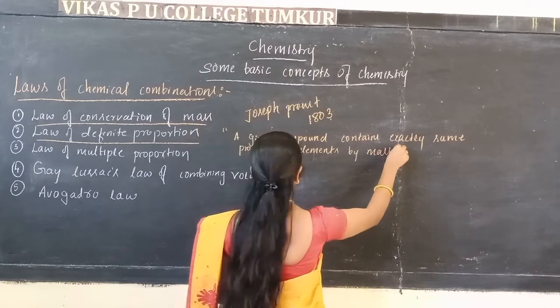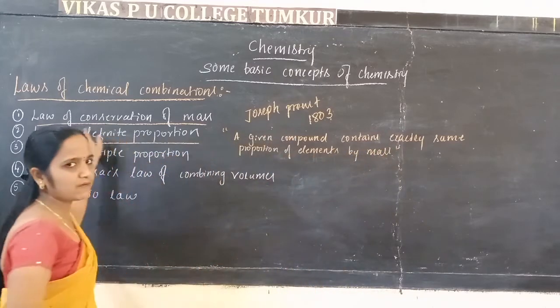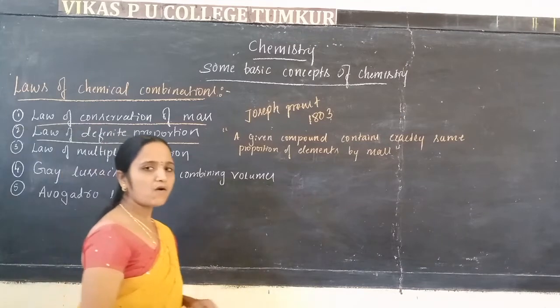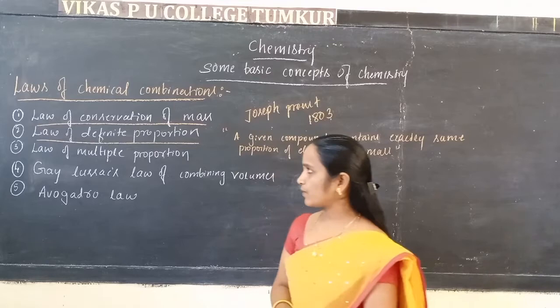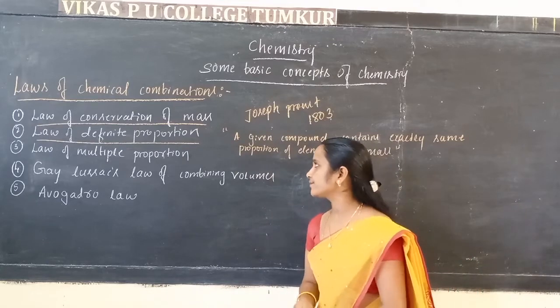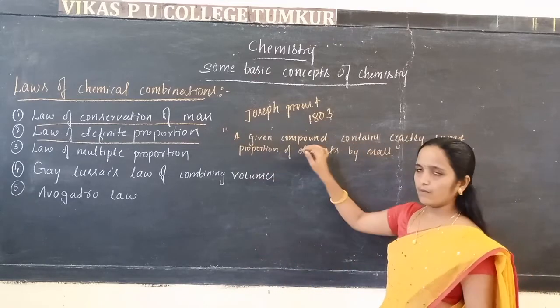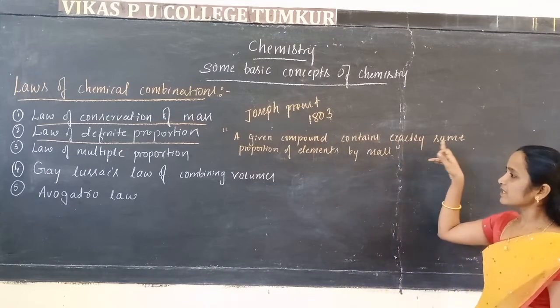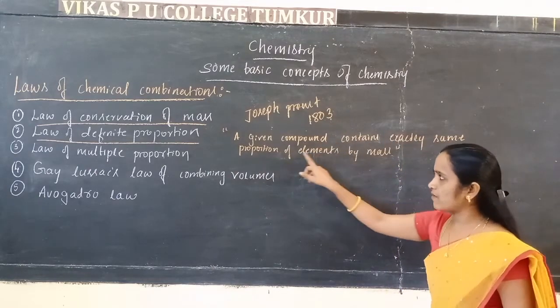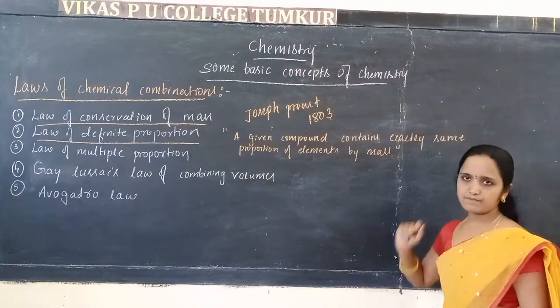This law states that a given compound contains exactly the same proportion of elements by mass. That is the statement of the law of definite proportion, also called the law of definite combination. A given compound contains exactly the same proportion of elements by mass.